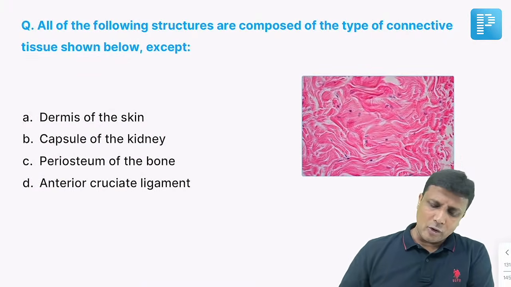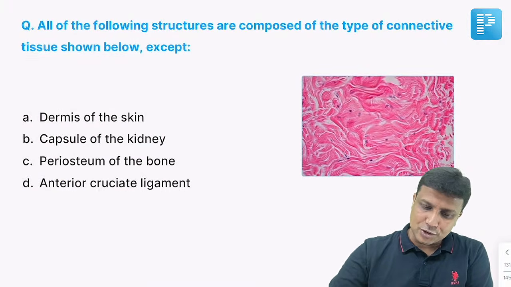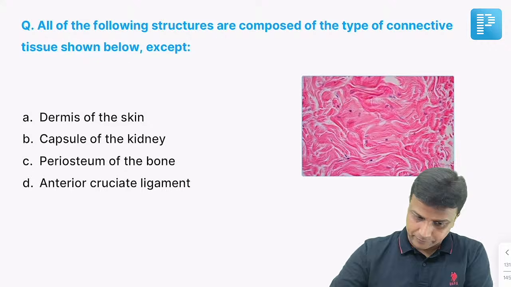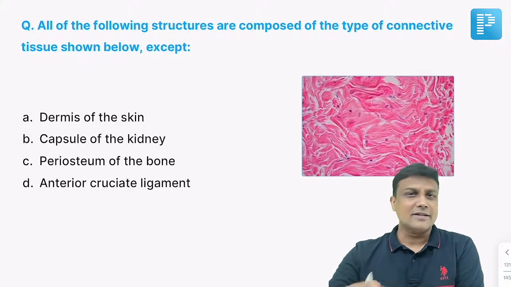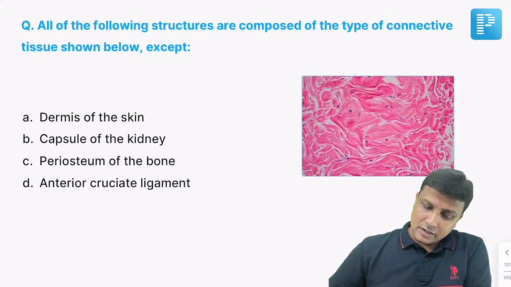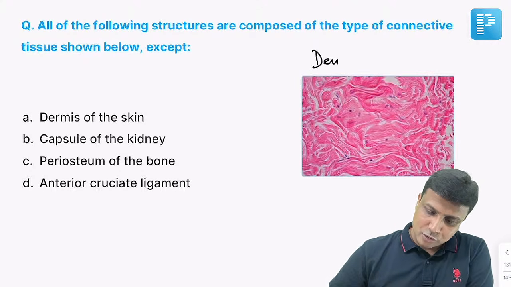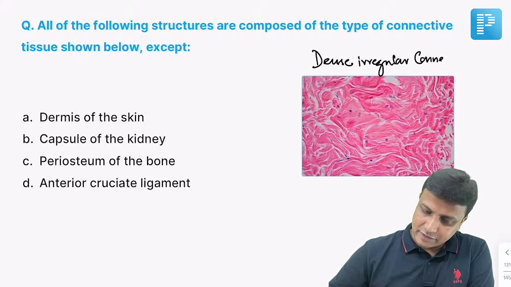Then after this one: all of the following structures are composed of the type of connective tissue shown below except what? First of all, you identify this connective tissue here, sir. This connective tissue which is present here will be the dense connective tissue. That too, it is irregular. Dense, irregular connective tissue, sir.